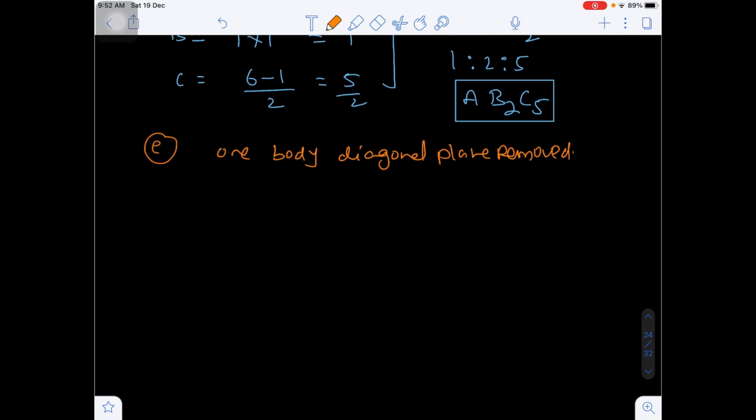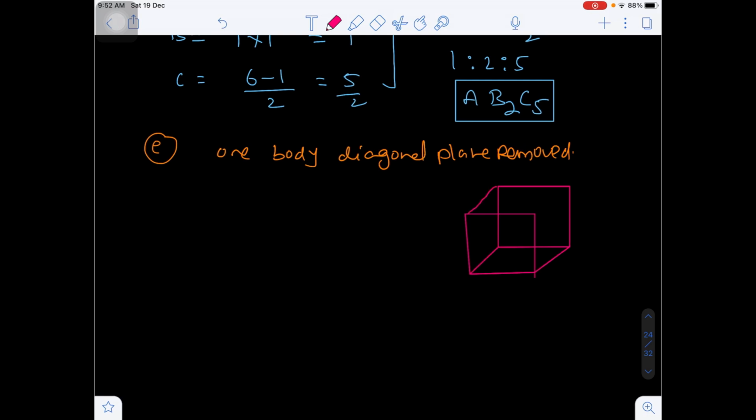Let's consider a small cubic unit cell. A body diagonal plane is an imaginary plane which bisects the unit cell into 2 identical halves.